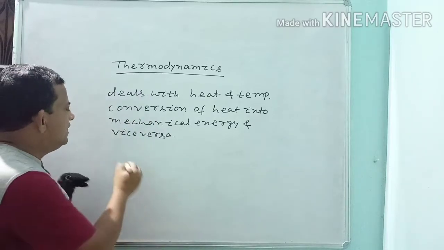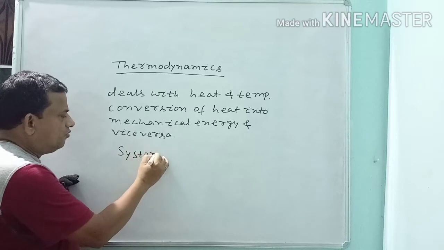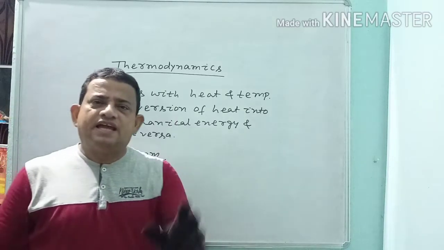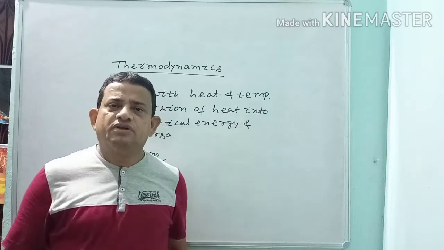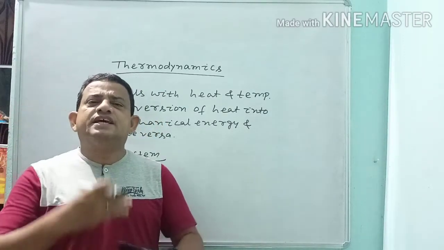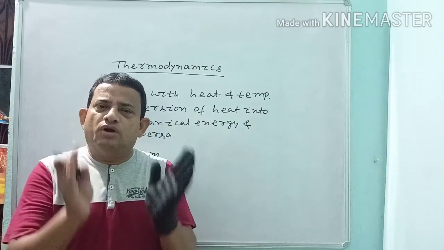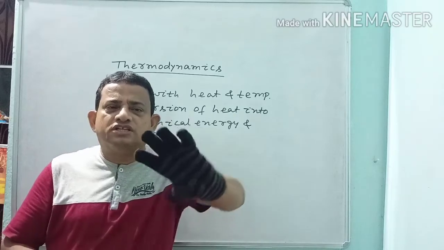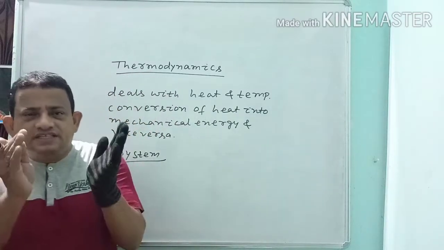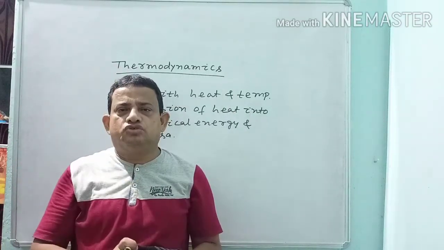Suppose you say a system, that is a thermodynamic system. So what is that system? System means it is a collection of particles or molecules. Suppose you consider gas. Gas is a system. This gas consists of number of molecules.